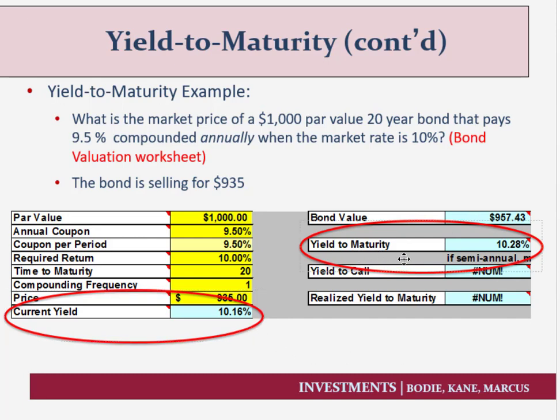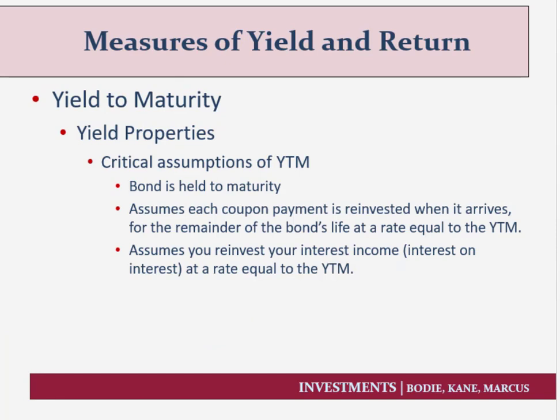The yield to maturity over the length of this bond, which is a 20-year bond, if you hold it to maturity, you would earn on average 10.28% per year. So again, these are two measures of return, one for the current year and one for from here till the bond matures.